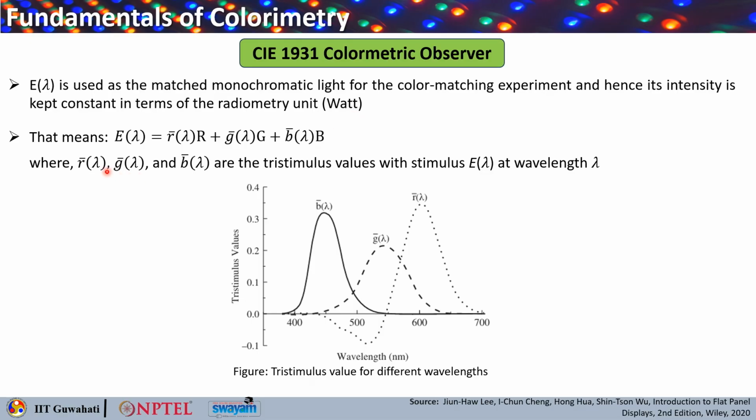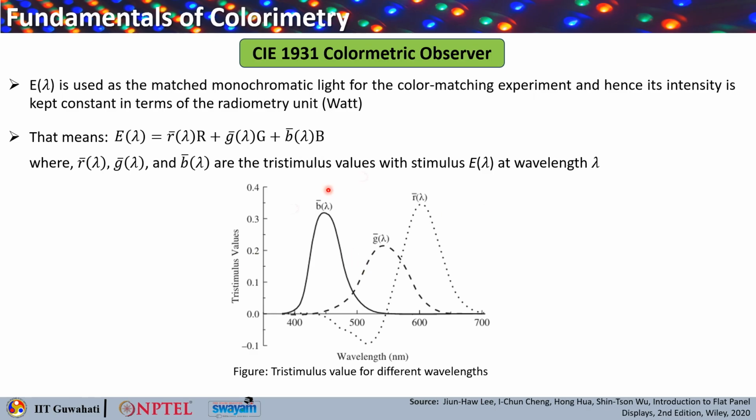So, what we understood is that we can have E lambda, which is R bar lambda R plus G bar lambda G plus B bar lambda B. Here you can see that these are the stimulus at a given wavelength lambda. This is the blue one, this is the green one and this is the red one. These are the tri-stimulus values for different wavelengths.